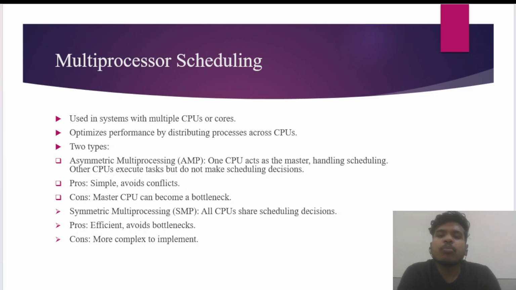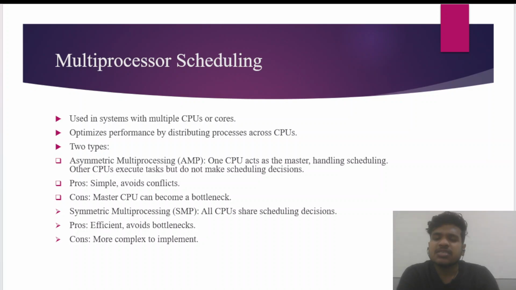For example, a boss who is assigning tasks to employees and making all the decisions. Like this, one CPU is the master, the boss, and it assigns tasks to the other CPUs, which execute tasks but do not make any decisions that can affect the process. It is very simple and avoids conflict since there is one master.